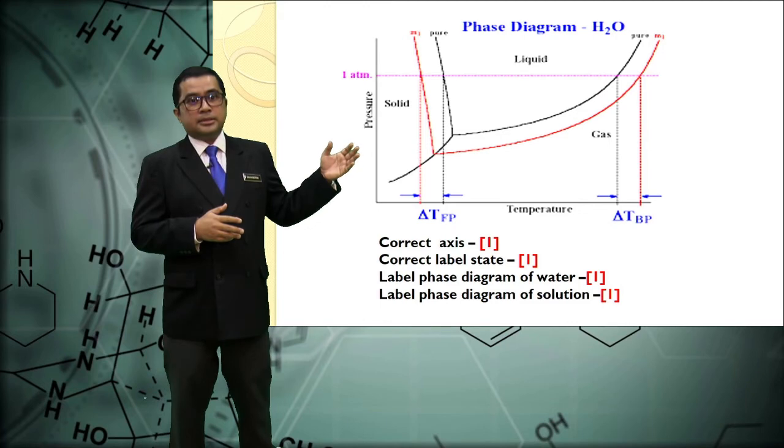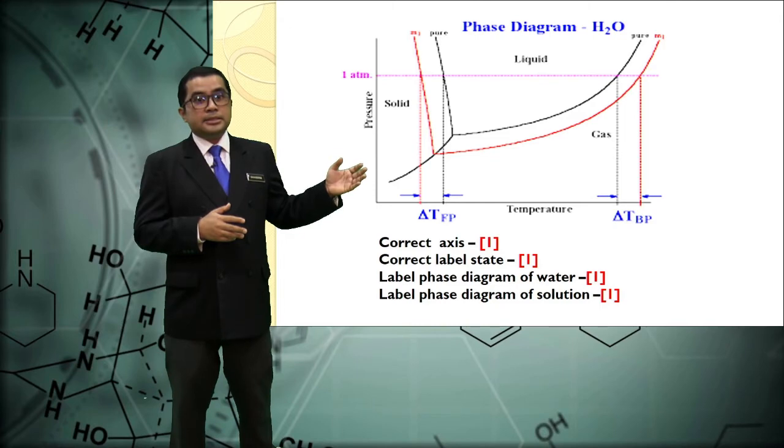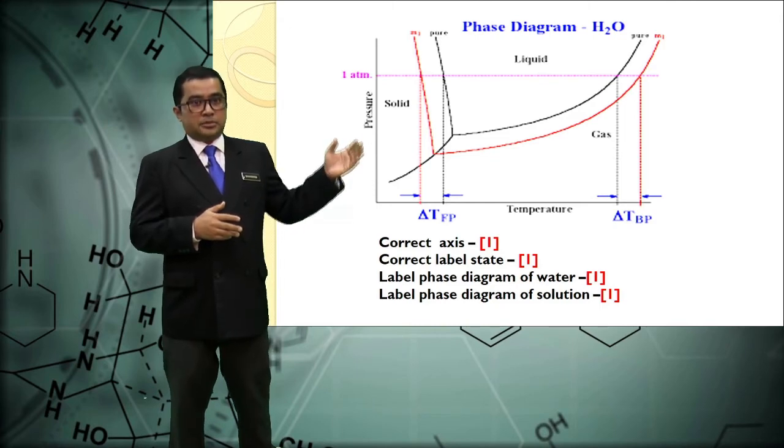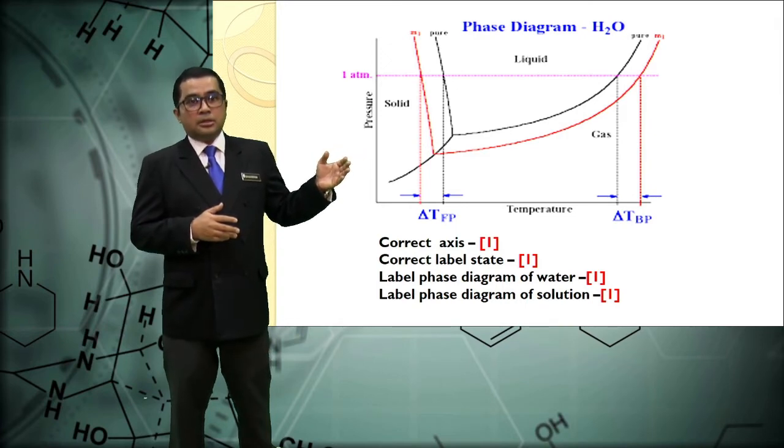For the axes, the y-axis is pressure in the unit of atmosphere, and the x-axis is temperature. So make sure that the axes are correct, and then you draw the phase diagram of water, including all the states present.